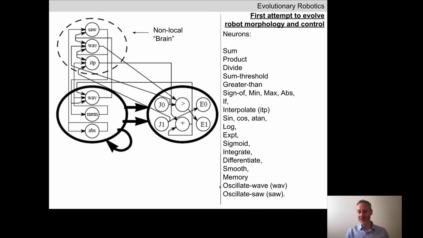But some of them might look a little familiar to you. You'll notice that two of the activation functions output a wave function, a sinusoidal pattern, or a saw function. It's also an oscillating signal, but it has this sawtooth pattern. What does that remind you of? A neuron that's outputting a wave function or a saw function? Where have we seen that before?